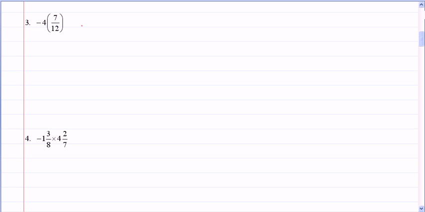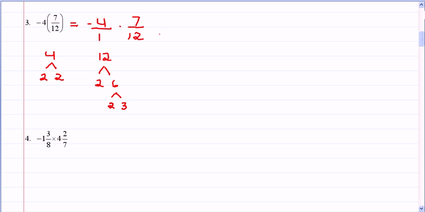For number 3, negative 4 times 7/12 is the same as negative 4 over 1 times 7/12. So the prime factorization of 4 is just 2 times 2. 7 is prime. The prime factorization of 12 is 2 times 6 and then 2 times 3.